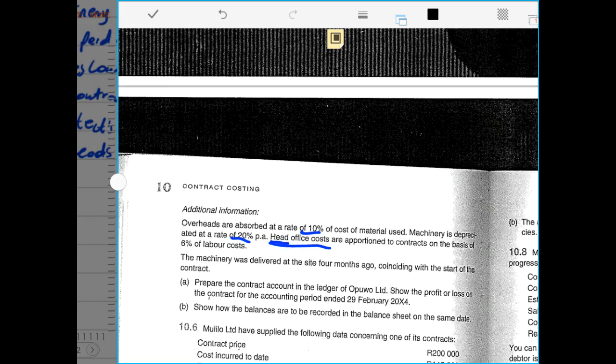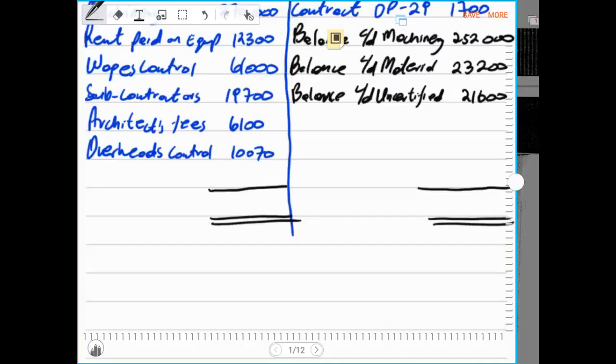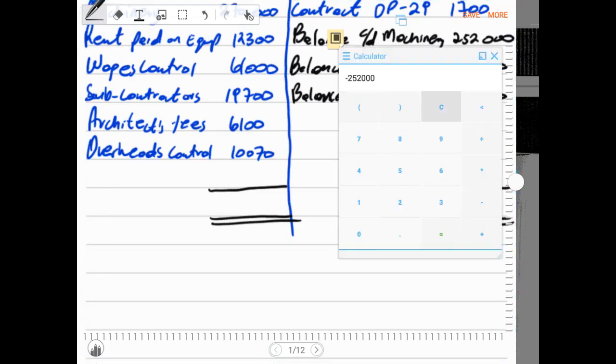The last one says head office costs are apportioned on the contract on the basis of 60% of the labor cost. So now we know how much the labor cost. From the labor cost we can apply 60% in order to get to the head office cost.